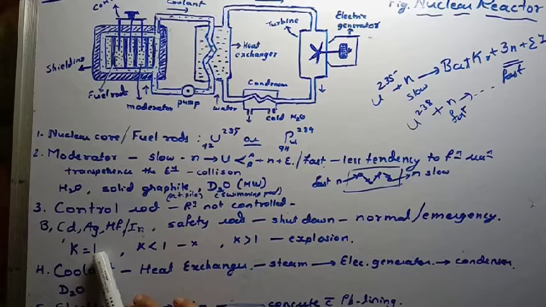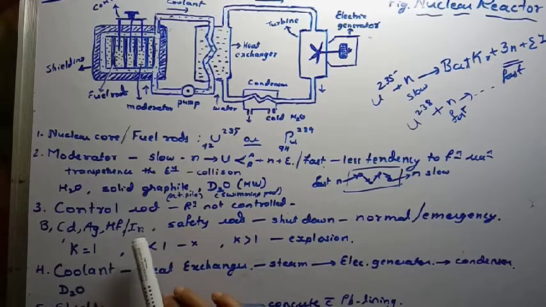You know the factor K. It is known as the multiplication factor, or a constant. It is the ratio between the number of neutrons liberated divided by the number of fissioning neutrons.